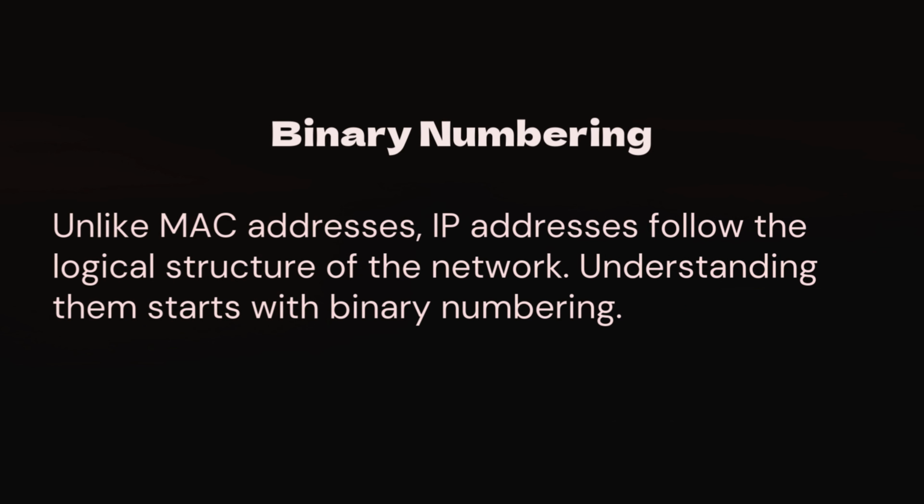Now unlike MAC addresses, which might as well be a random number, IP addresses follow the logical structure of the network. To understand them, we need to take a closer look at binary numbering. Computers read IP addresses in a binary format.